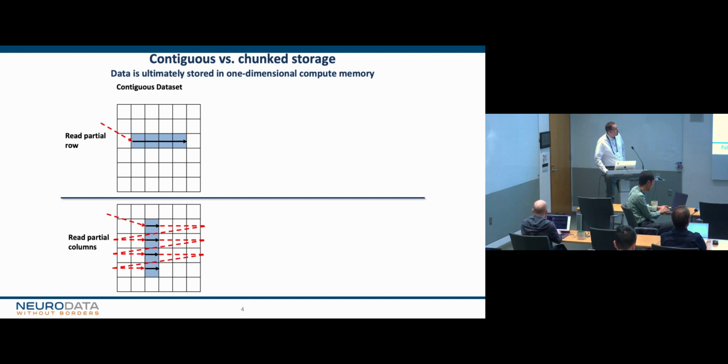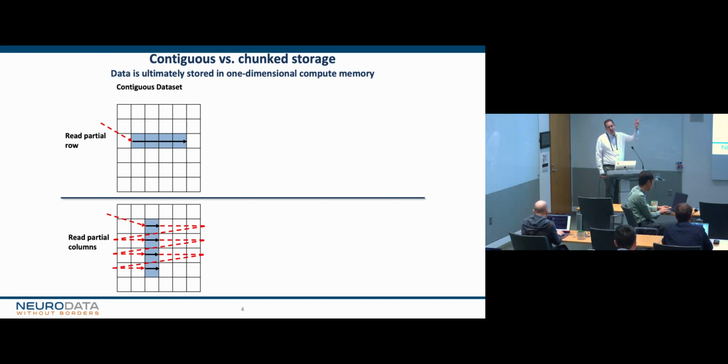And so the first big thing that you can do is you can choose to chunk your data set, right? So when we write a data array, let's say a two-dimensional electrical series array, to disk, it ultimately gets flattened into a one-dimensional data stream on your hard drive, right? But what that means is depending on how you serialize it, reading a row, let's say an electrode, can be very efficient.